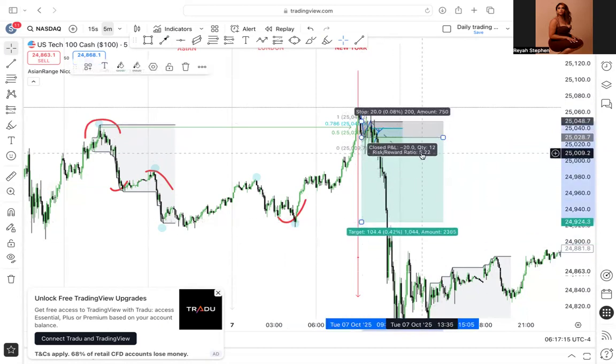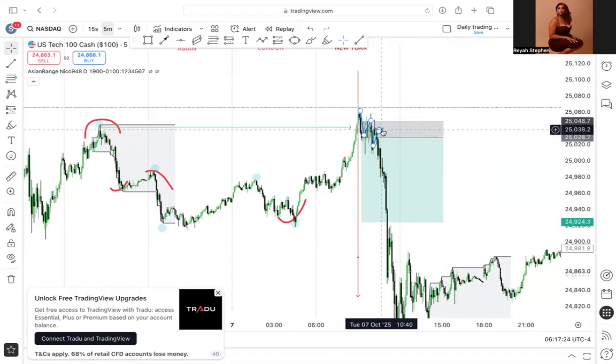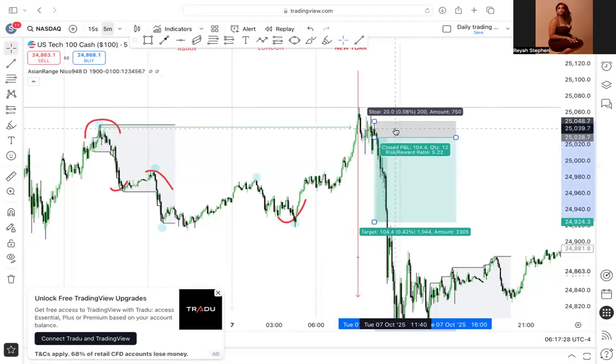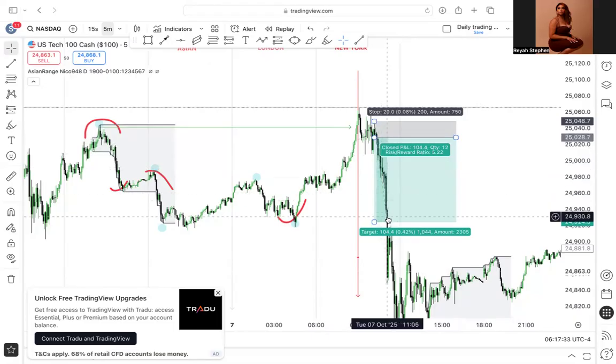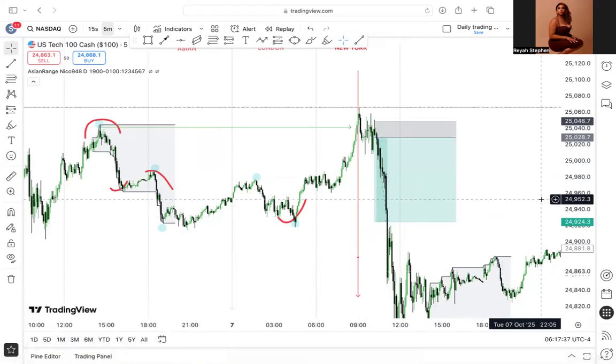It's a 1 to 5 risk to reward ratio, 1 to 5.2. So if I took on my range now, it might draw back up into the red a little bit. But it should just melt straight down to TP. And there you have an example of an A plus setup.